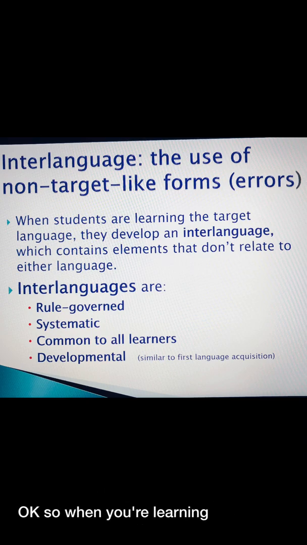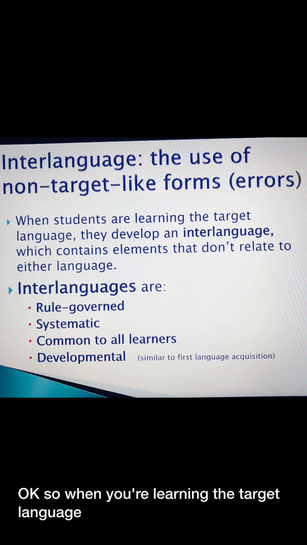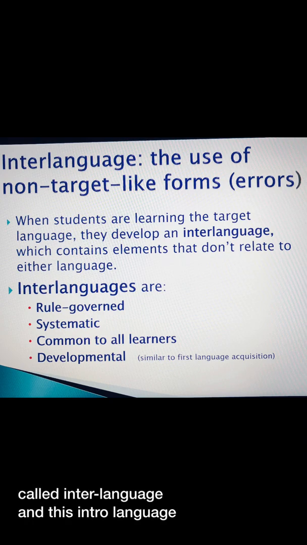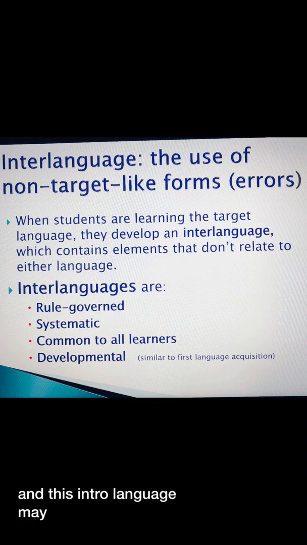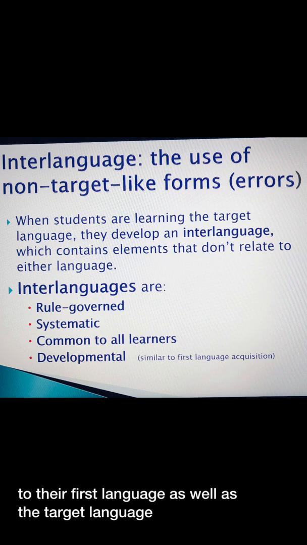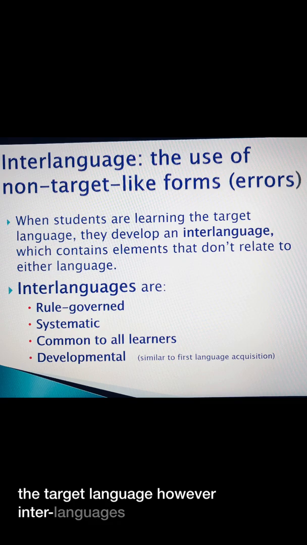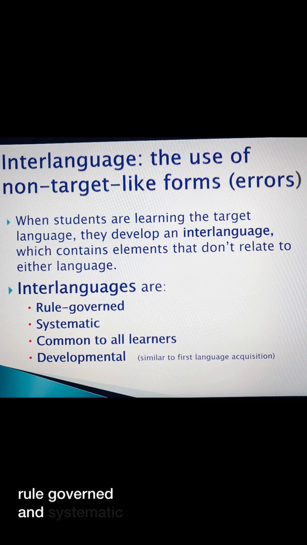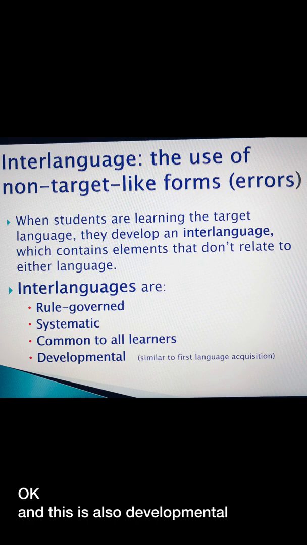When you're learning the target language, everyone develops what's called interlanguage. This interlanguage may contain elements that don't relate to their first language as well as the target language. However, interlanguages, like all grammars, are rule governed and systematic. And this is also developmental.